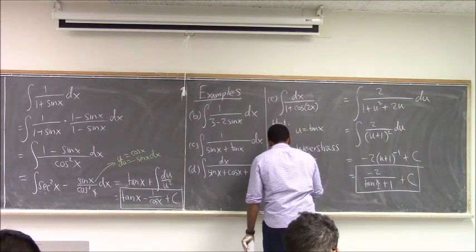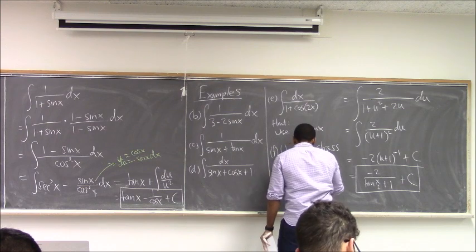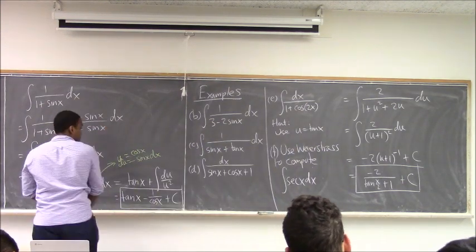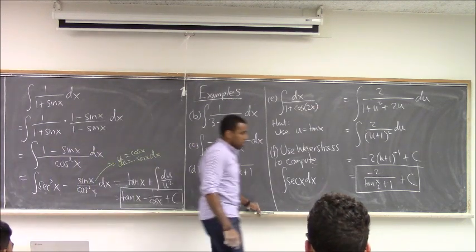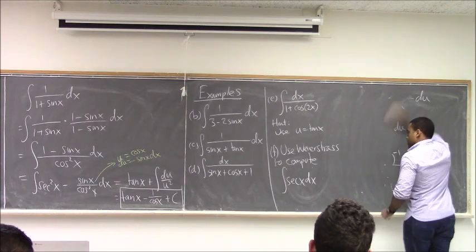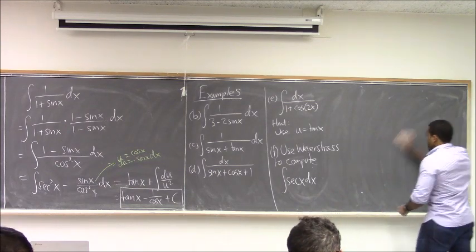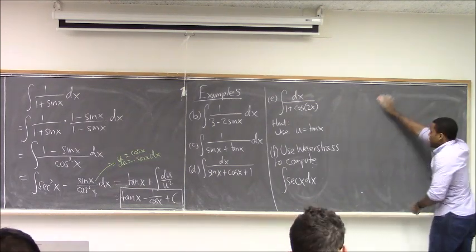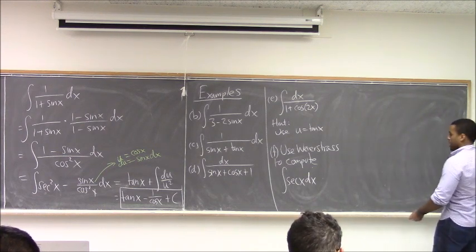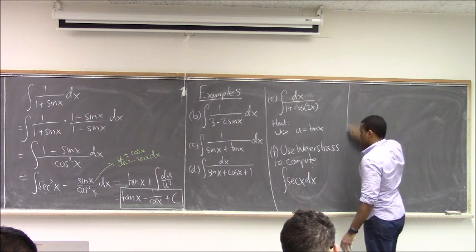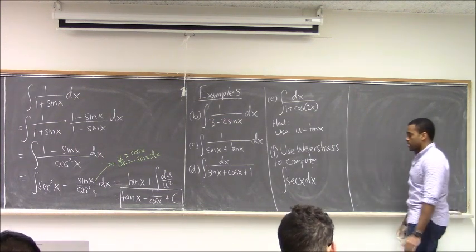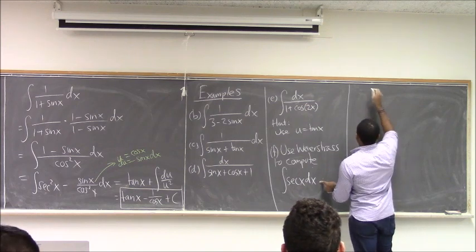Now, way back when we were doing the integral of secant x, we kind of multiplied out of nowhere by this crazy expression, like why would anyone have seen that in the first place? Weierstrass provides a more direct method for finding the integral of secant x. Actually use the Weierstrass to do that. So essentially it's a technique where what you're doing isn't coming out of nowhere, but at the same time, in the beginning your answer is going to look sort of different from the answer that you know this to be.